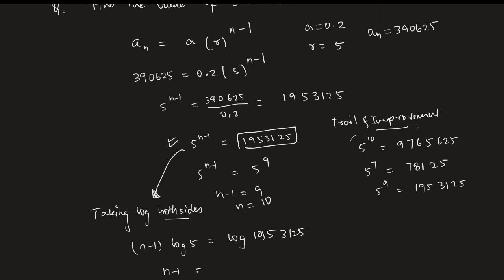So n minus 1 equals log 1953125 divided by log 5. You can use a calculator over here. Log 1953125 divided by log 5 gives you 9. So n minus 1 equals 9, which simplifies to n equals 10. In both scenarios your answer is the same.